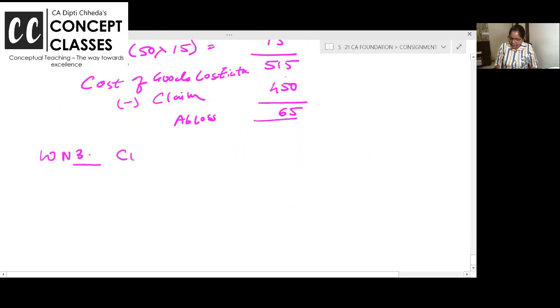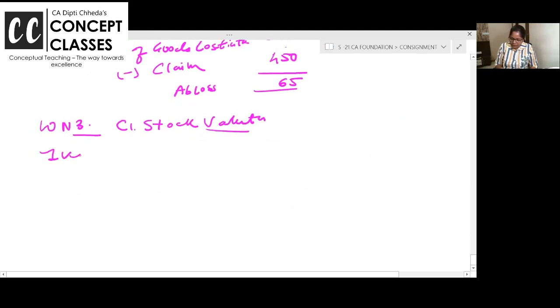Working note 3. Closing stock valuation. 1 kg tins: 2000 were sent. 1500 are sold. 500 are there, at 10, 5,000.